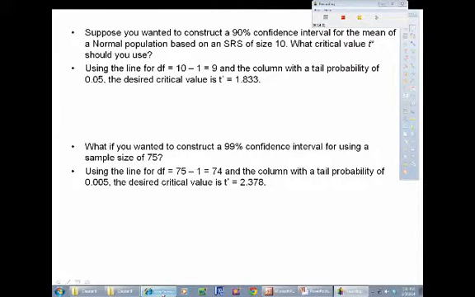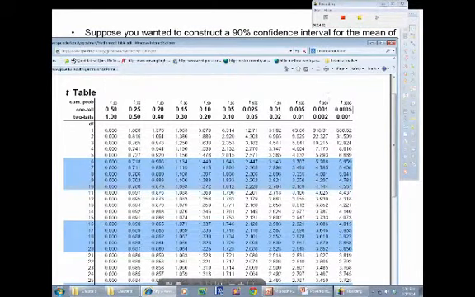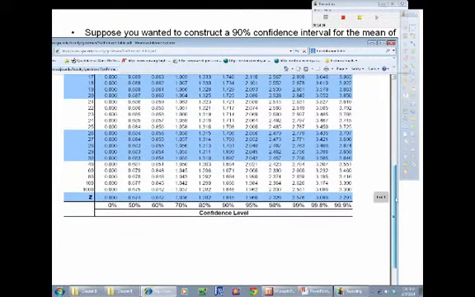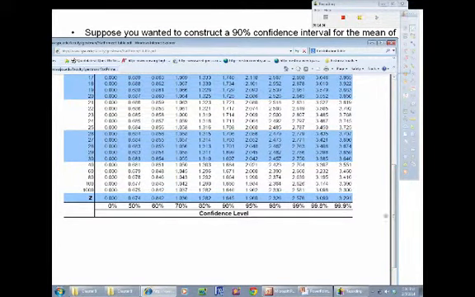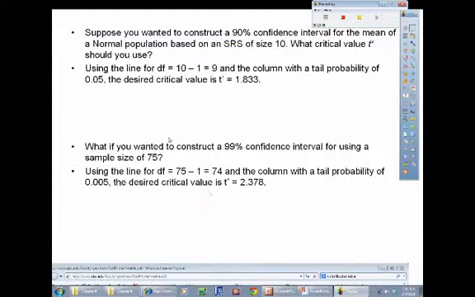And again, I'm getting that from this table, 99 up here, down to 75, and it doesn't look like it shows 74 on here for me, but I could estimate. Since it doesn't show 74, I'm going to have to use the calculator to get T.